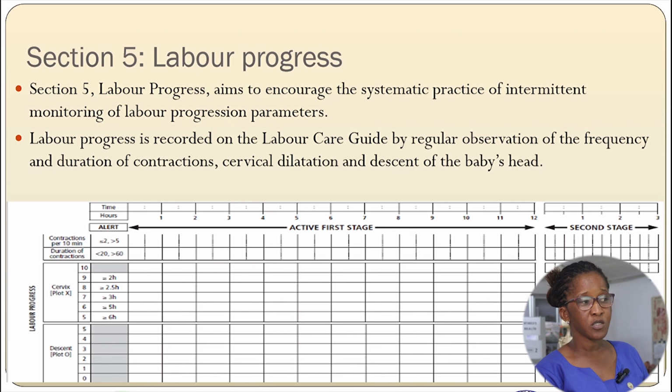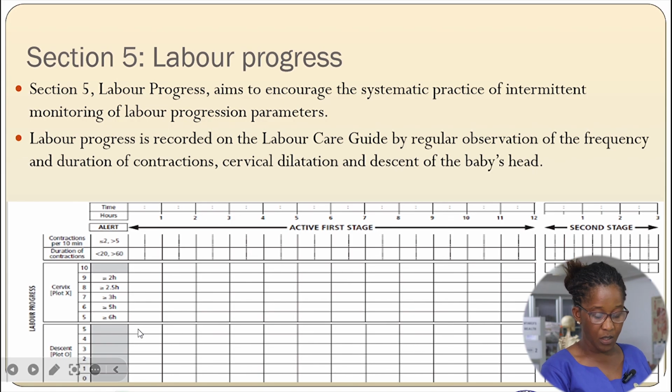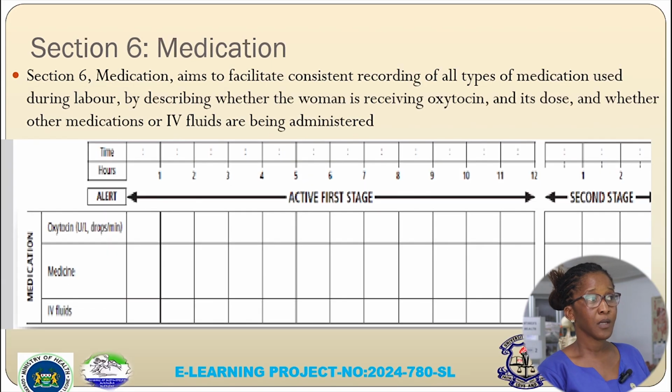Now we have contractions against the descent of the presenting part. If there are contractions and the dilatation of the cervix is commensurate with the contraction, we are expecting the head to descend. And if it doesn't, then you need to take action. That is what we'll be discussing when we go into our skills.